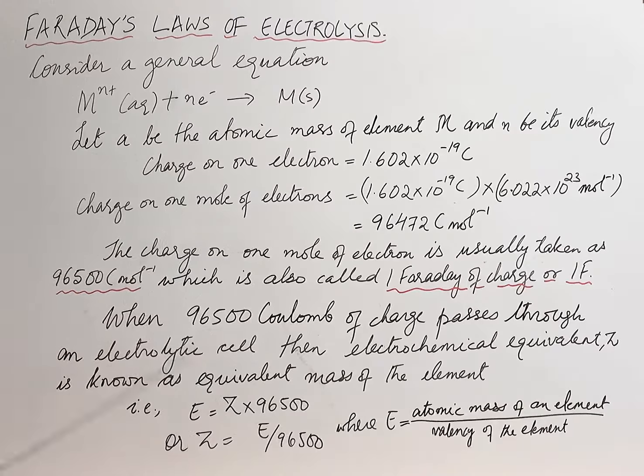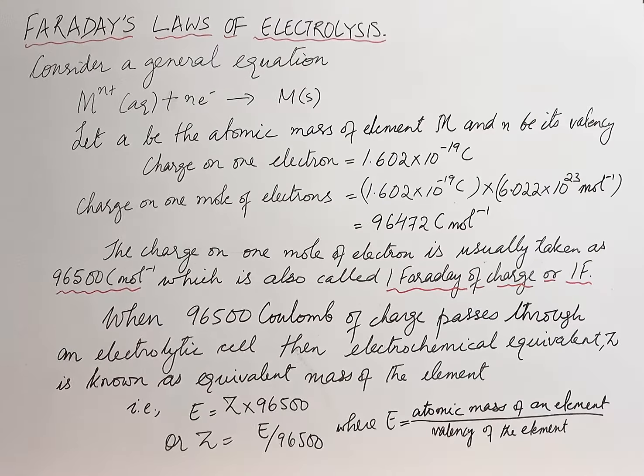When we say valency, what does it mean? The number of electrons that it needs in order to become a neutral species. An electron carries a negative charge of 1.602 into 10 to the power minus 19 coulomb. So this is the charge carried by one electron.